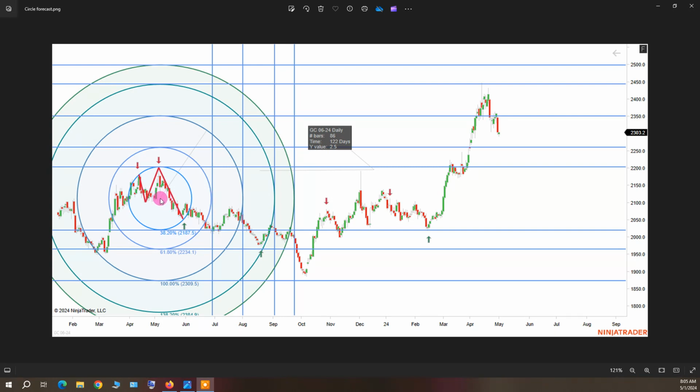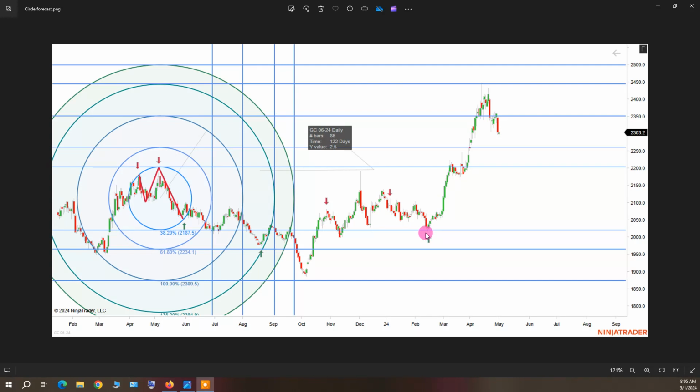So I'm measuring from the center of the circle to the first point, projecting that forward. That gives me this low right here where the green arrow is. Measuring from there to the next circle point, projecting that forward, gives me this high right here. The third circle gives me this minor high right here, and the last circle gets me 1 bar off of this significant low.